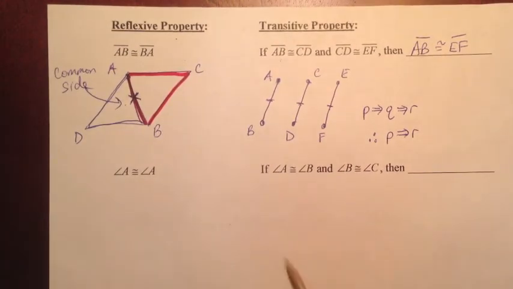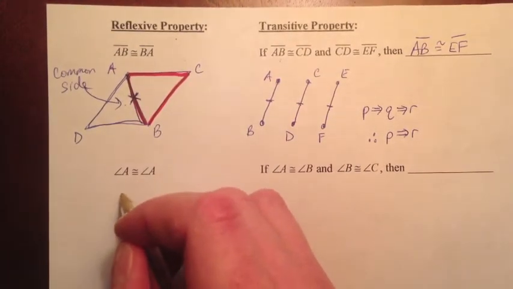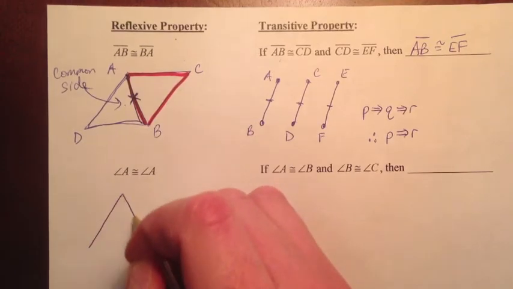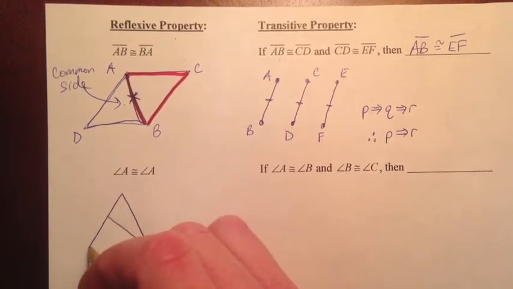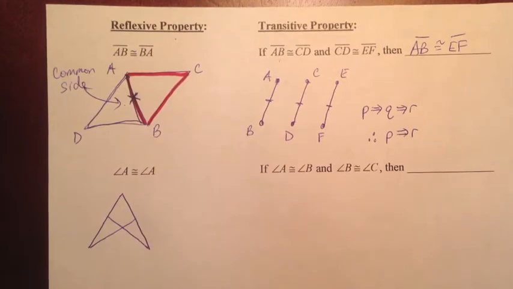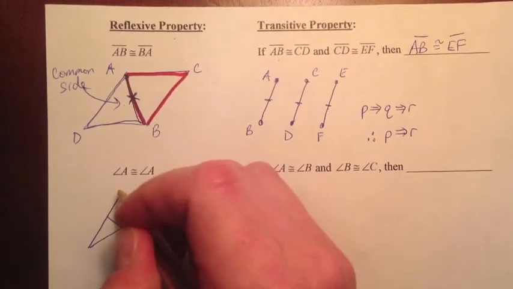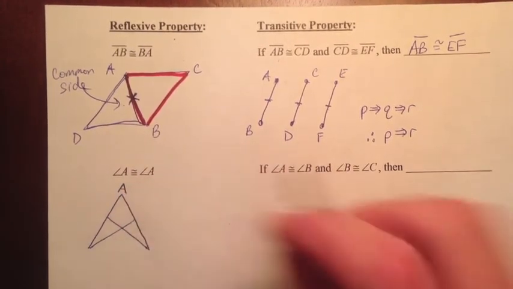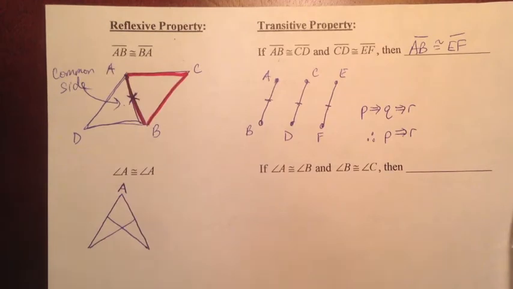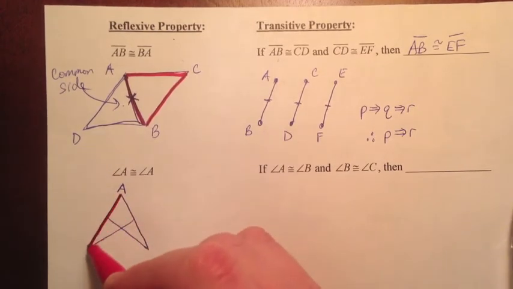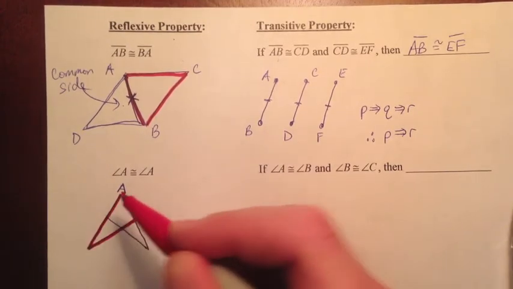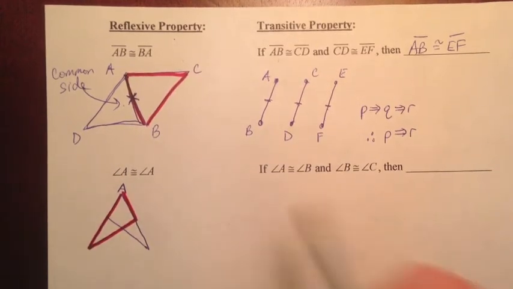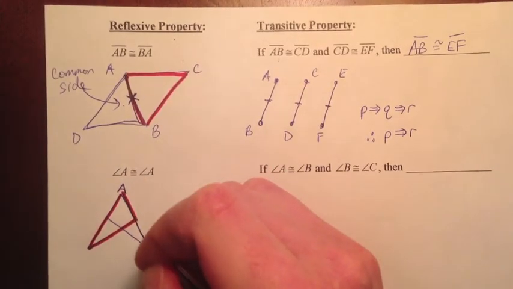Well, let's say we have something like this. Okay, we'll draw a picture here. Now we've got two triangles. Okay, I'm going to just call this angle A at the top. Let me trace this out here. I'll say here's the red triangle. And then the blue triangle is here.